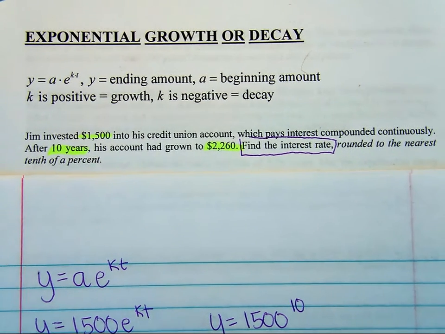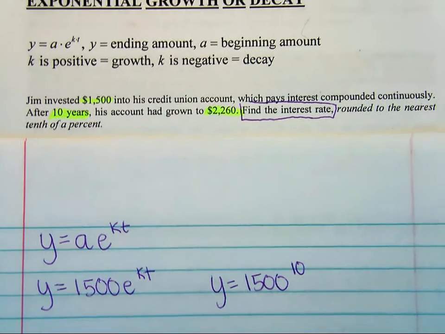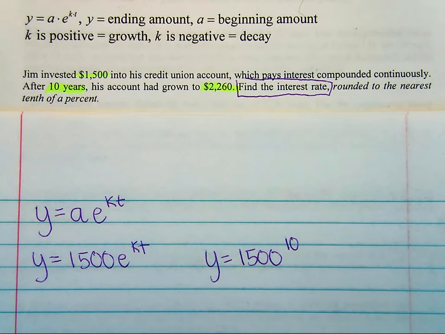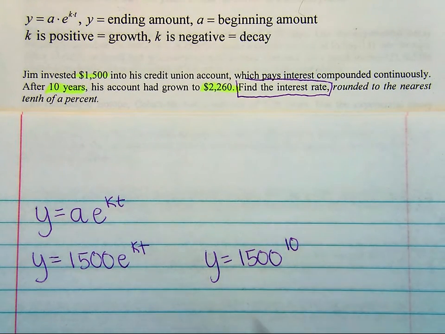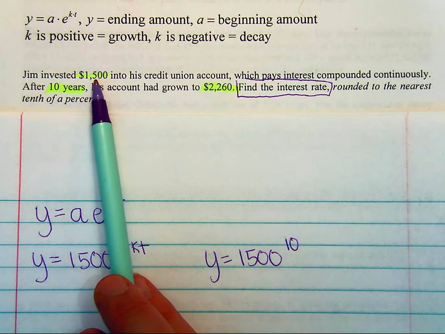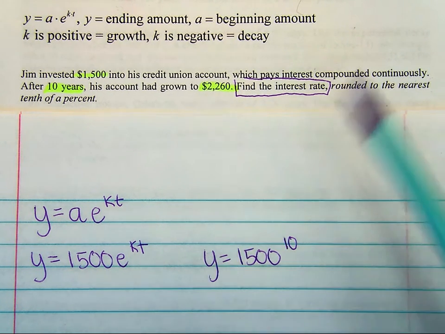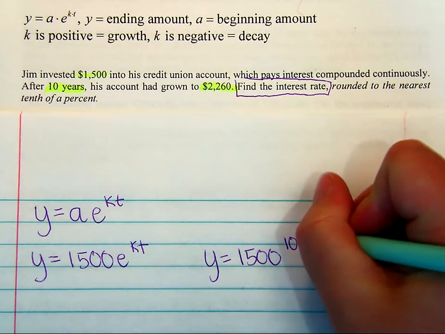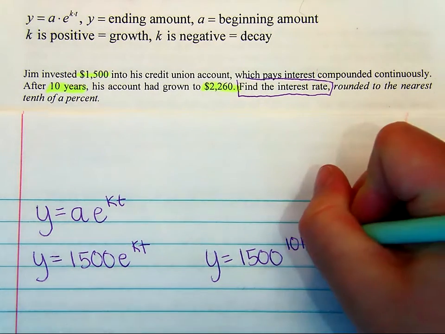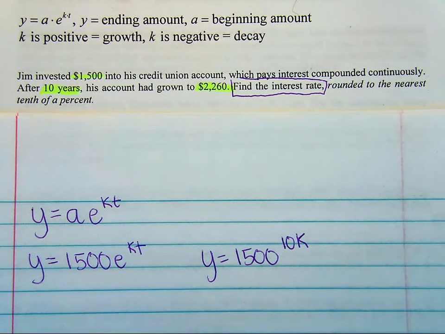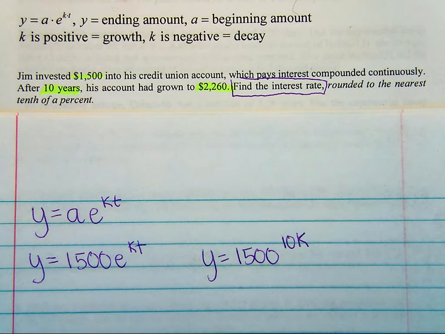K is supposed to represent either the growth or decay amount, and because he starts with $1,500 and he ends with $2,260, I know that I'm going to be looking for K, and I also know when all is said and done that K should be a positive number. He increased his amount of money, so if I don't end up with a positive number for K, then I'm going to know I went wrong somewhere.